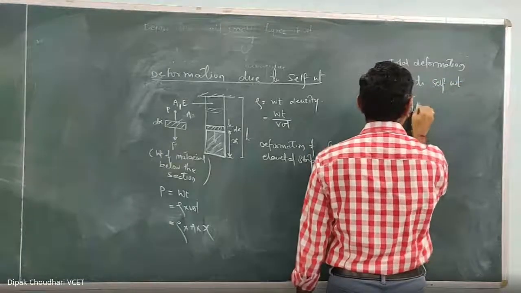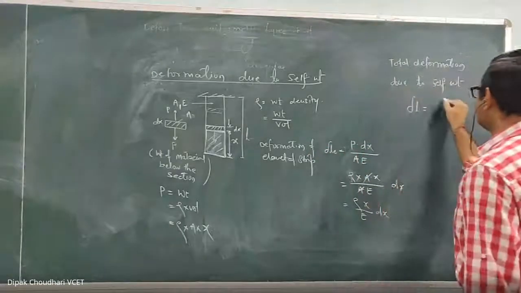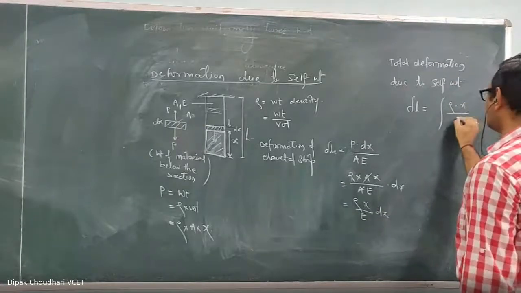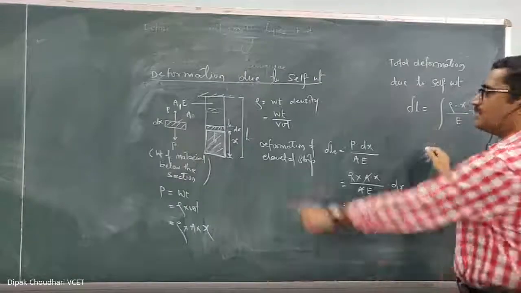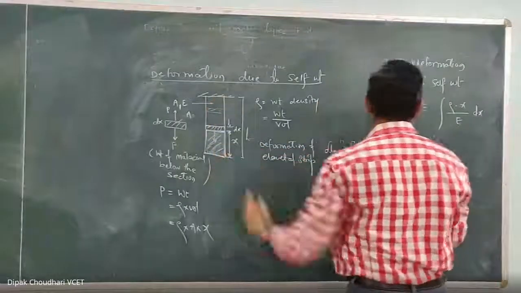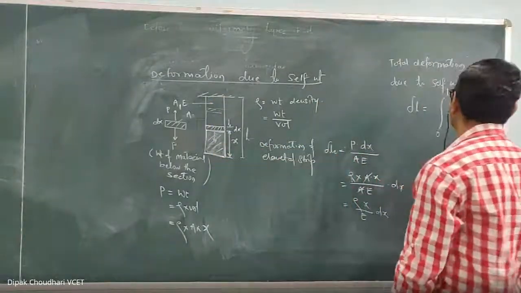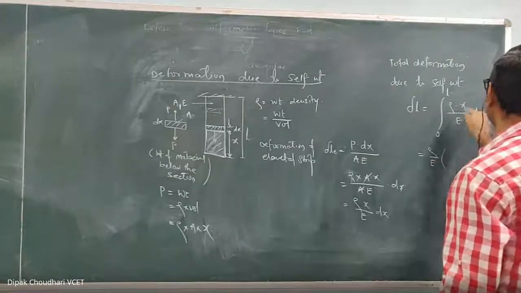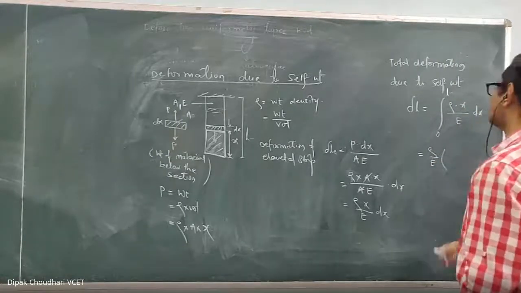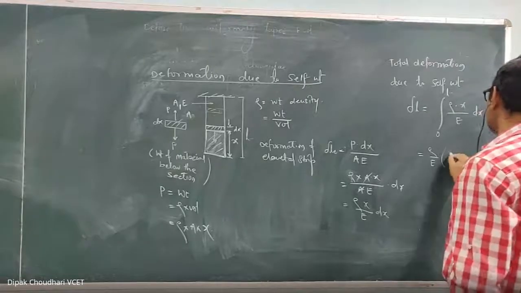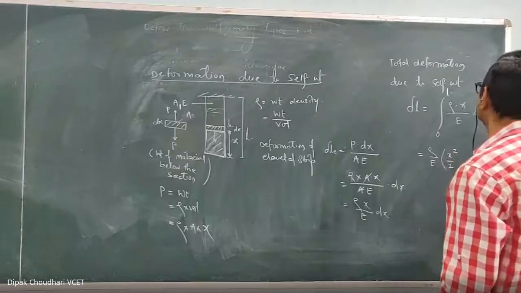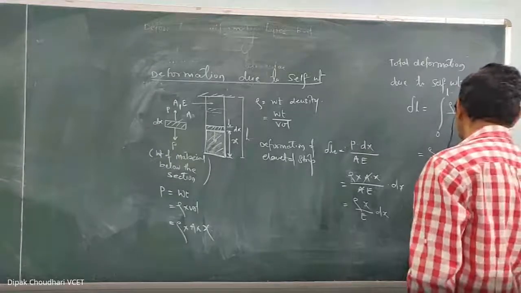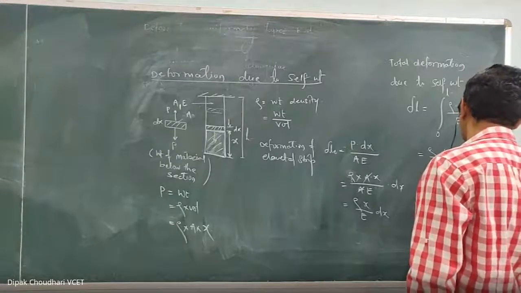The total deformation due to the self weight is equal to the integral of rho into x upon E into dx, where x varies from 0 to L. This is rho upon E into the integration of x with respect to x, which is x square upon 2, from 0 to L. So delta L equals rho into L square upon 2E.